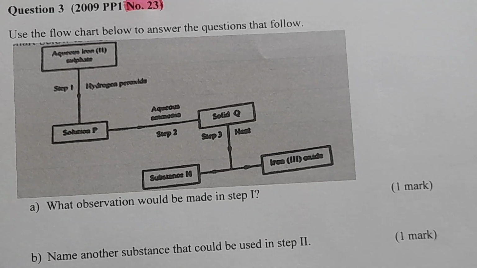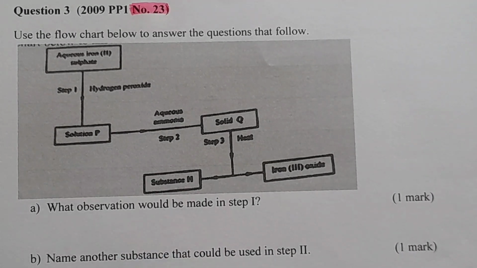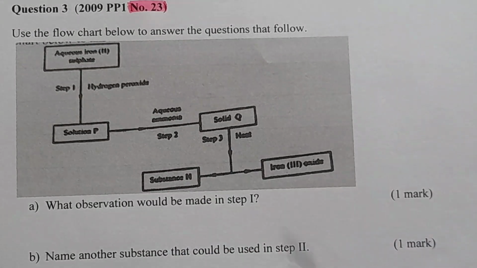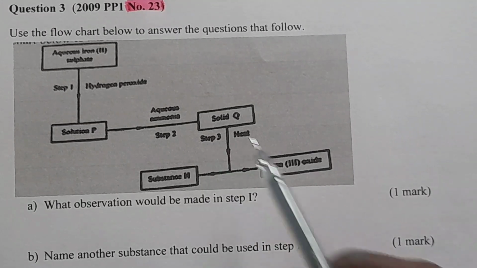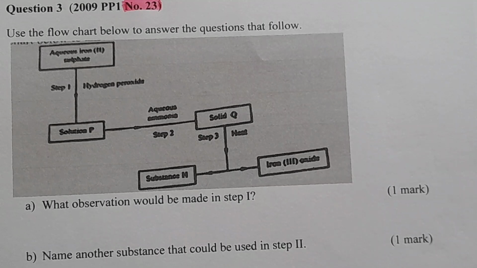Then in step 1, we add hydrogen peroxide. Thereafter, we get solution B. Then to solution B, we add aqueous ammonia in step 2, and we get solid Q. In step 3, we heat. We get iron 3 oxide, and also substance H.